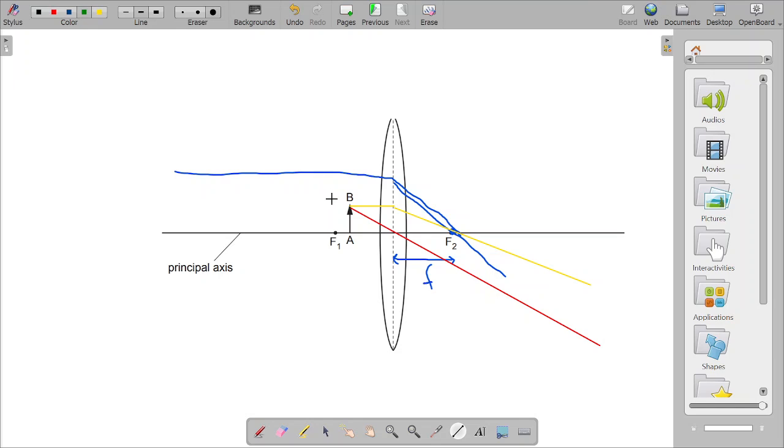Next we have to extend these two lines in the backward direction.